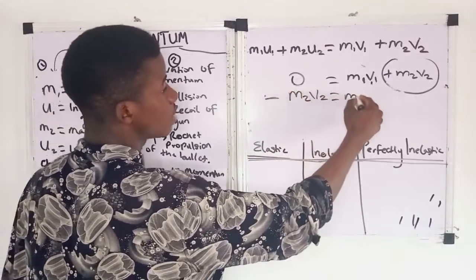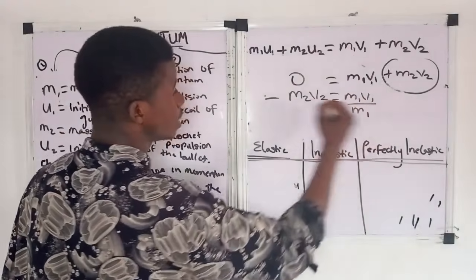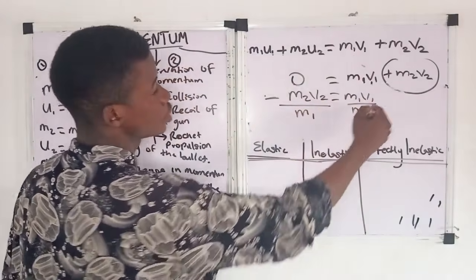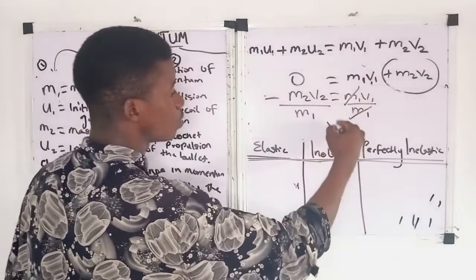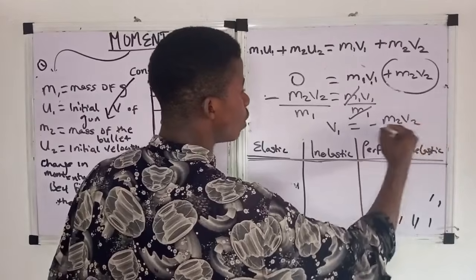If we cross it to the other side, the plus changes to minus, so we have minus M2 V2 equals M1 V1, right? Since we're looking for V1, we have to start by dividing by M1.